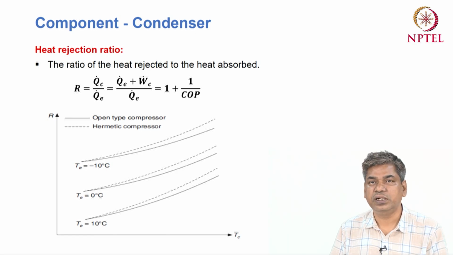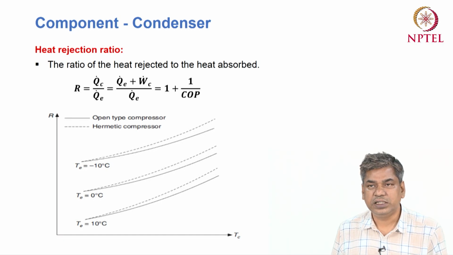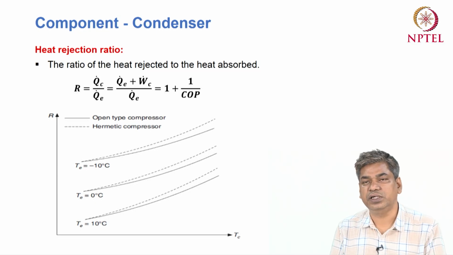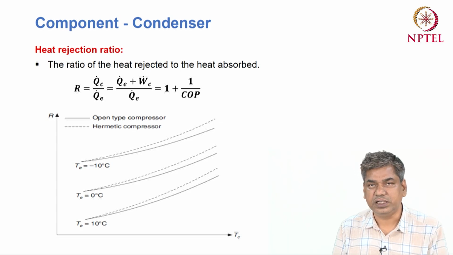That means the heat ejection ratio increases with the increase in condenser temperature as well as the decrease in evaporator temperature, because with the increase in evaporator temperature or the decrease in condenser temperature, COP will increase, so the heat rejection will decrease.